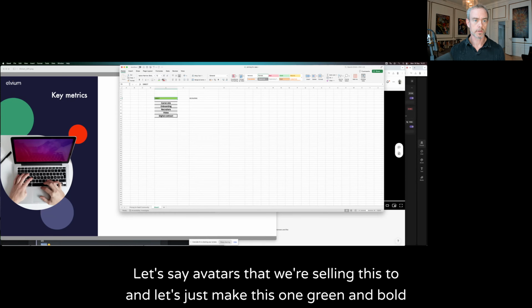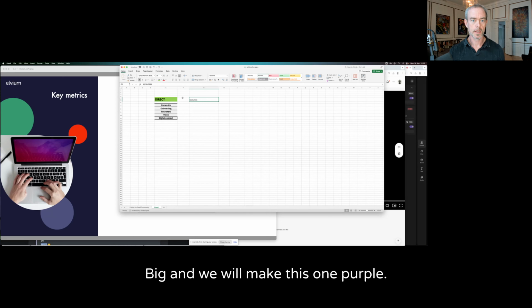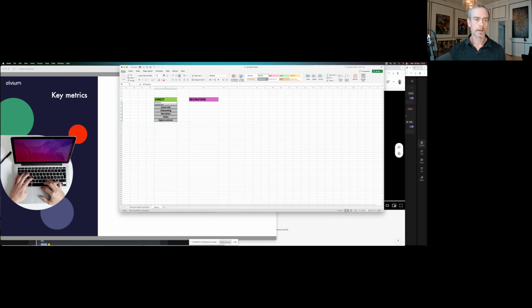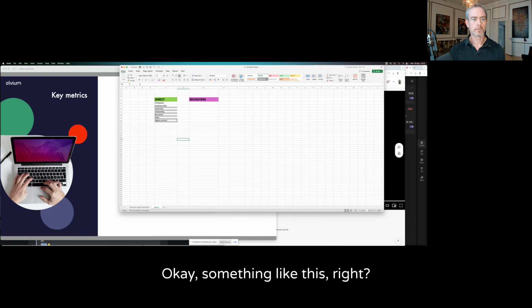And let's just make this one green and bold and big, and we will make this one purple and big and bold, right? And we have employee data and ATS system. Let's just say that. Okay, something like this, right?